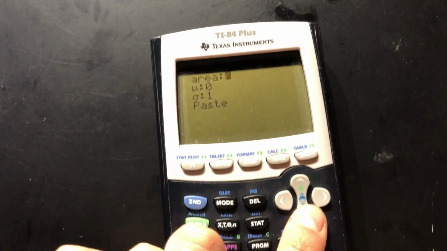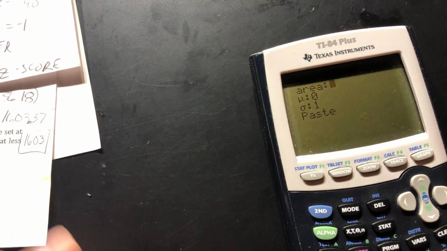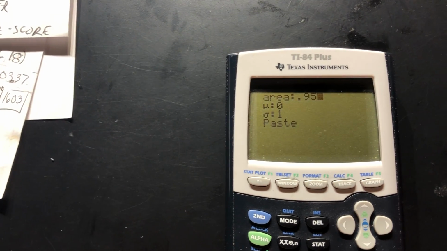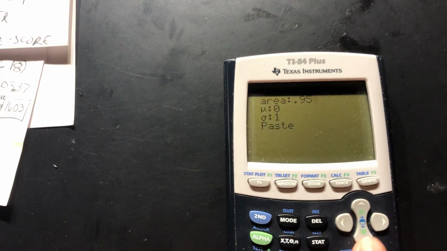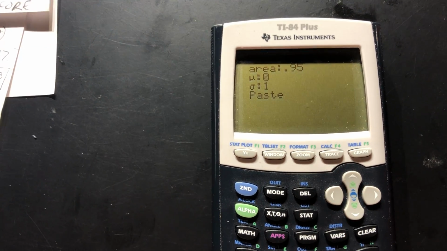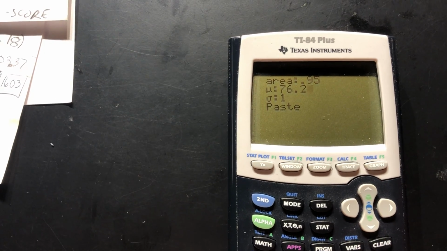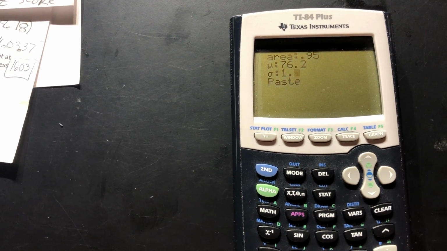So, for example, if I did choice 3, we're going to type in our area. So our area for this is 0.95. We have our mean, which is 76.2, and our standard deviation, which is 17.1.